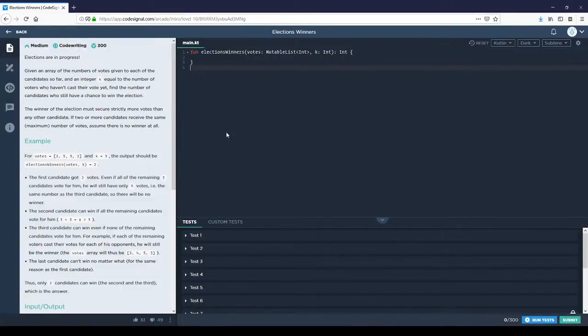Election winners. Given an array of the number of votes given to each of the candidates so far, and integer k equal to the number of voters who haven't cast their vote yet, find the number of candidates who still have a chance to win. Okay.